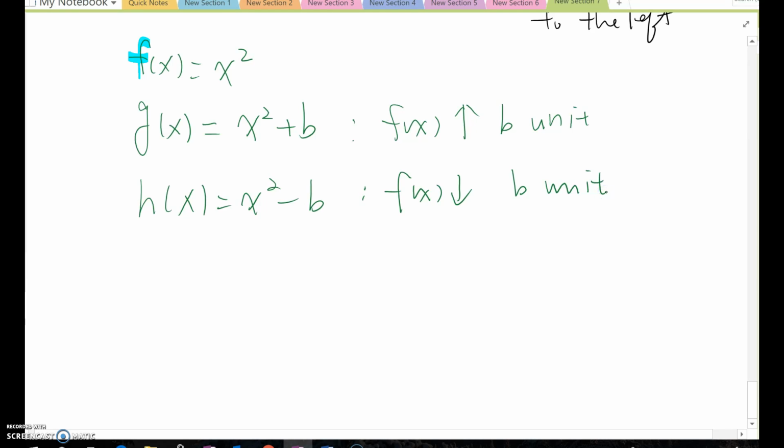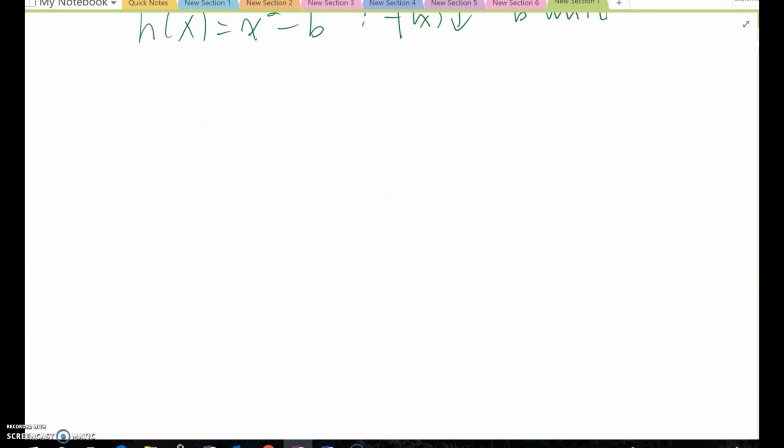Okay, then now here's one challenge problem. What if I give you maybe a(x) equal to (x minus 1) squared plus 2? Can you conjecture the behavior of this function? In other words, the transformation of this function from f(x) equal to x squared.